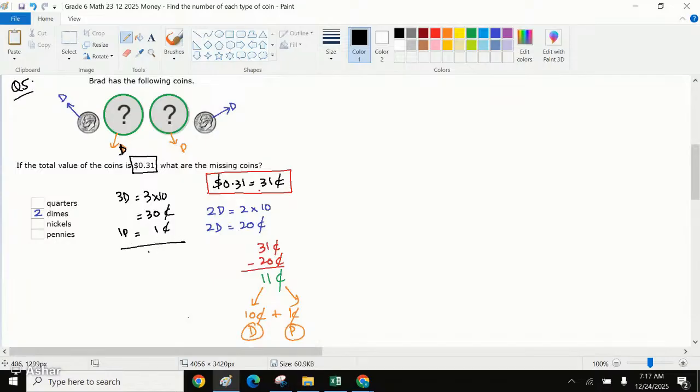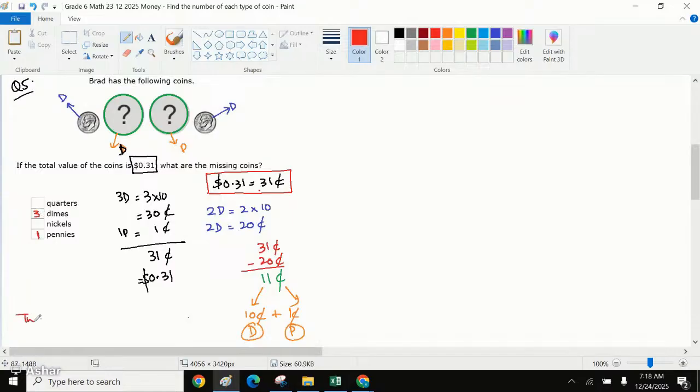When we add them together, that means 31 cents, which equals to $0.31. So can we change the dimes into 3? Can we say now we have how many dimes? We have total 3 dimes and 1 penny.